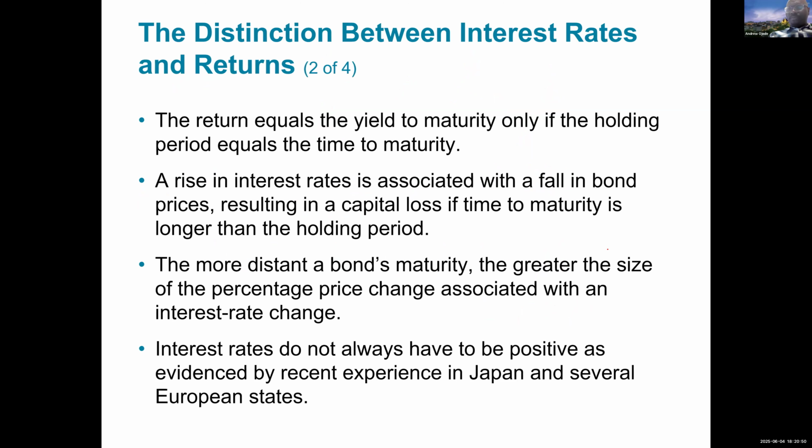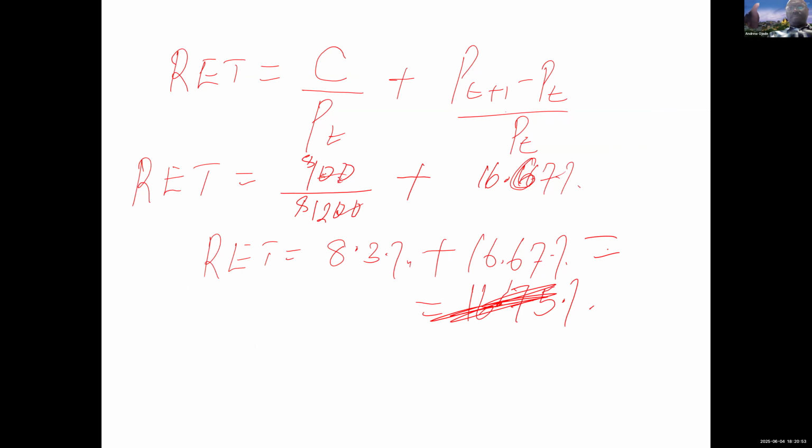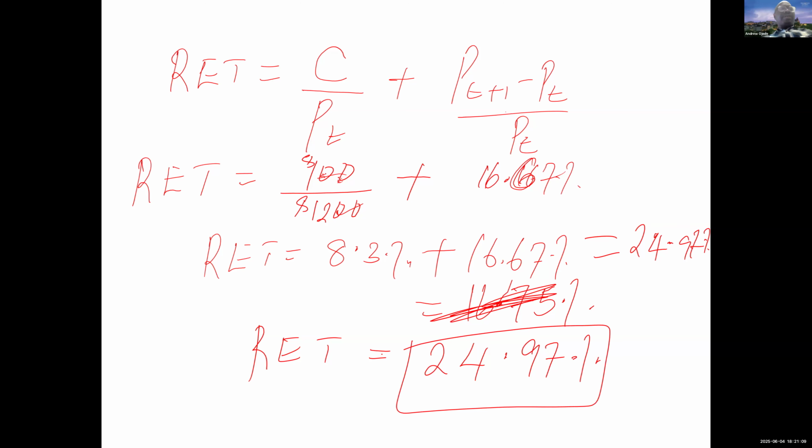That comes to 24.97%. So that's your return on this bond investment. 24.97%. It's pretty straightforward. Okay, so that is how you calculate the return on a bond investment.